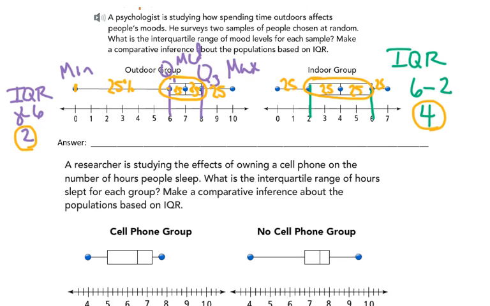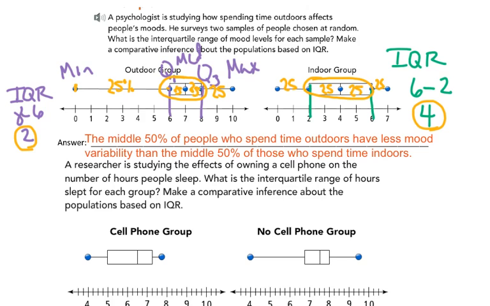So my inference is that the middle 50% of people who spend time outdoors, which is the IQR of 2, have less mood variability than the middle 50% of those who spend time indoors. So why don't you pause the video to get that done? I'm going to go ahead and move on to the next problem.